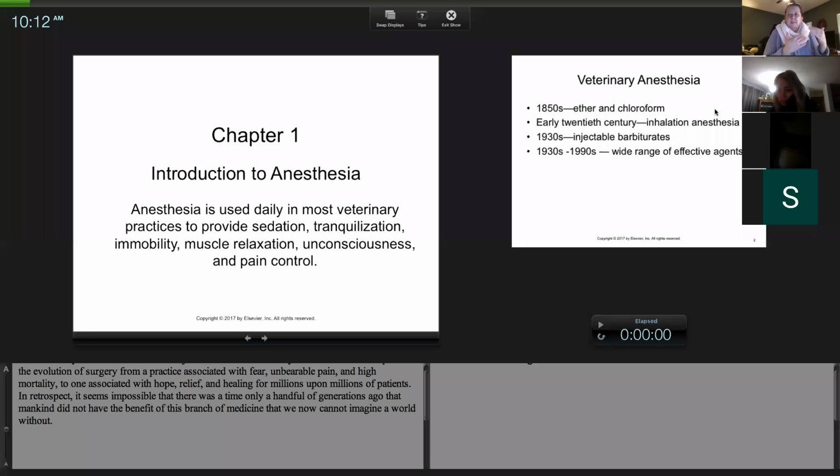So I'm going to talk about the different terms and what the animal shows, but it's going to be used to sedate them, immobilize them. The other big thing about anesthesia or sedation, we typically want to get muscle relaxation. When you guys get into RAD 2, hopefully next term, those animals are all sedated.